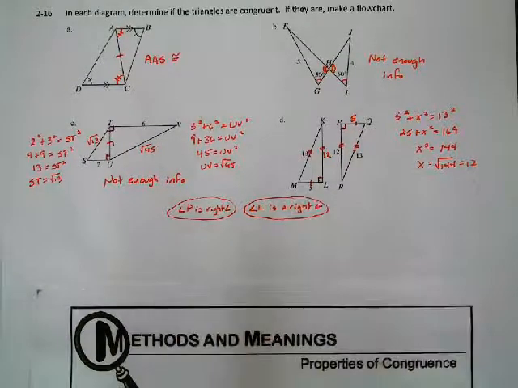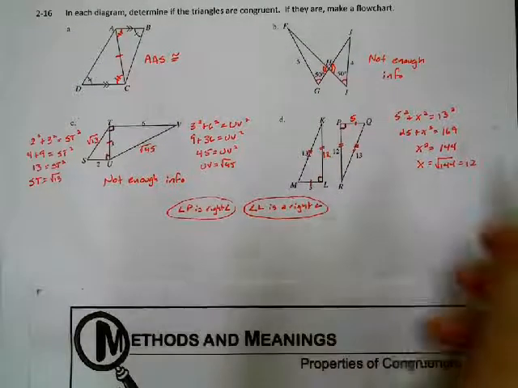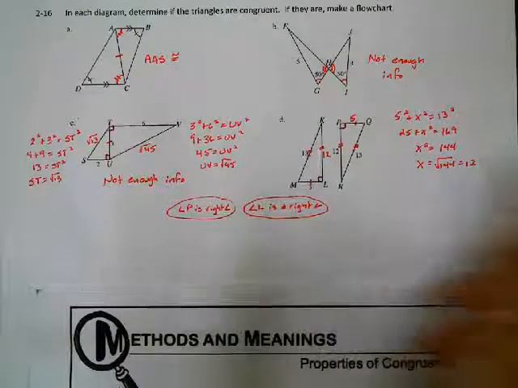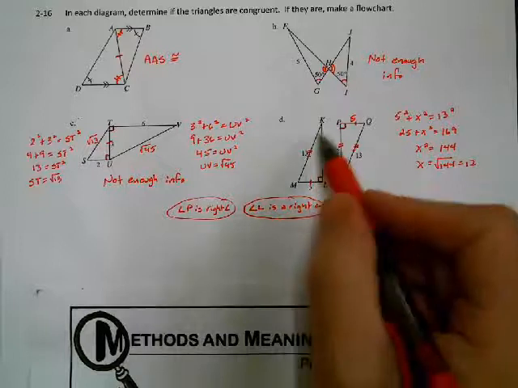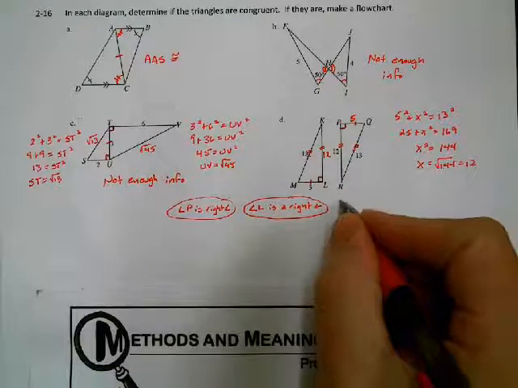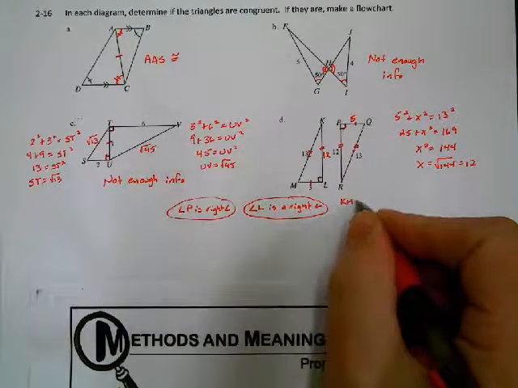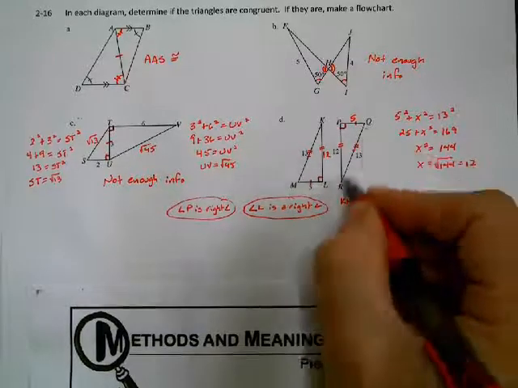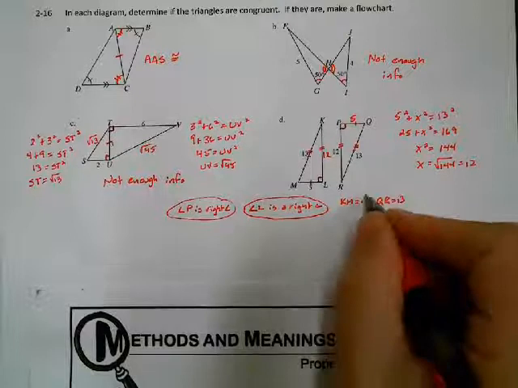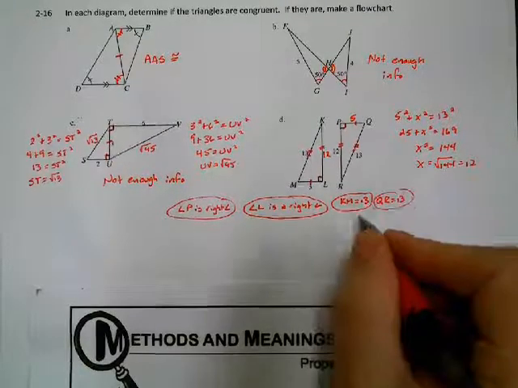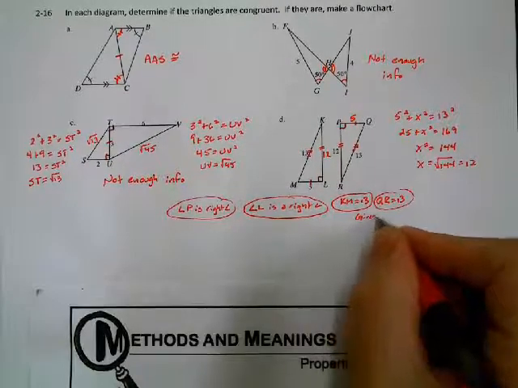Next, I'm going to say that KM is 13. And they told me that QR was 13. That information was given to me. This was given. This was given.